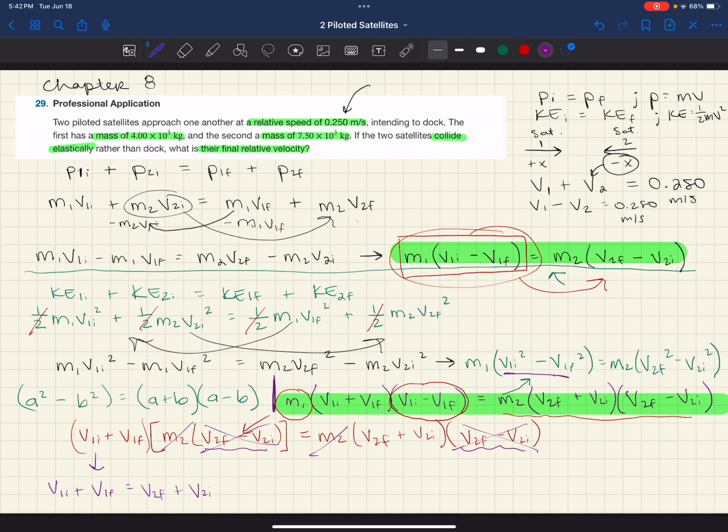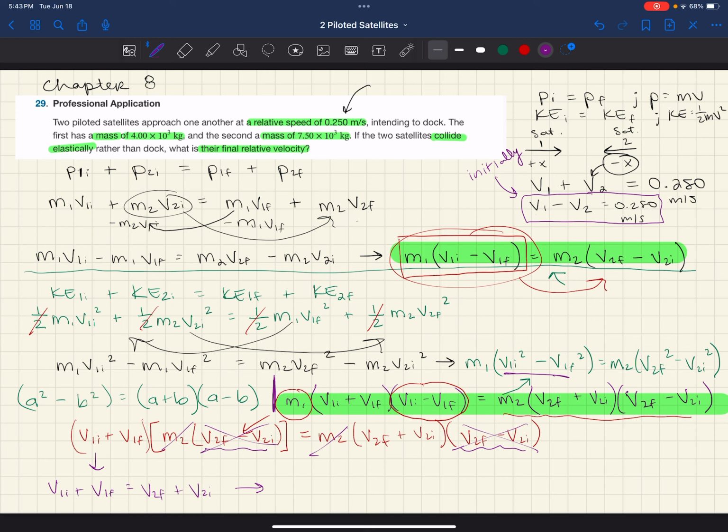So I can even rearrange this so that I end up with a term that looks like what I had in my original relative velocity equation, so that it looks like this. So I'm looking for v1 minus v2, and remember, initially that was the relative velocity.